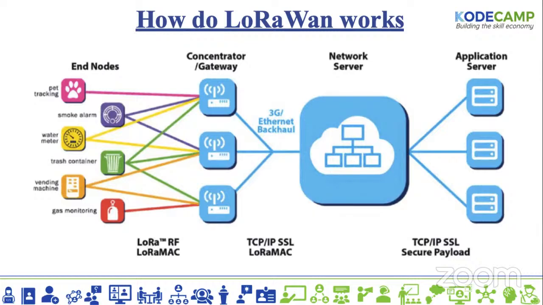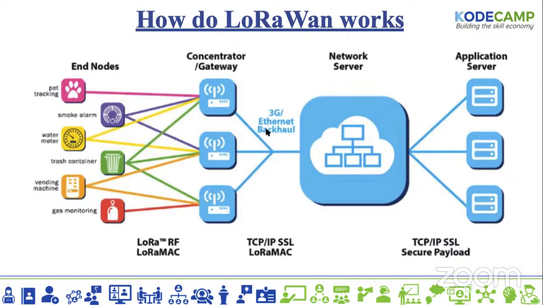That's why you see me putting concentrators on top. They are devices connected to the network server via maybe a standard IP address. These are the ones connected to the network server, and the end devices are connected to them.